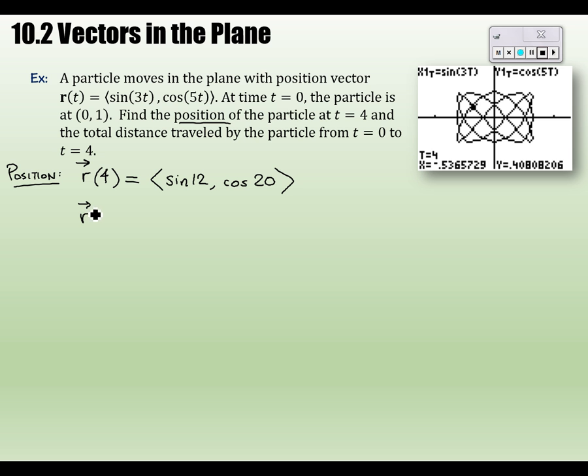Where were we at 0? I mean, it tells you, actually. I guess I shouldn't have told you, but you could plug this in and find out, too. Right? If that's true, (0, 1), you can use curly brackets or parentheses, whatever you like. Then once you figure these out, what is our displacement?